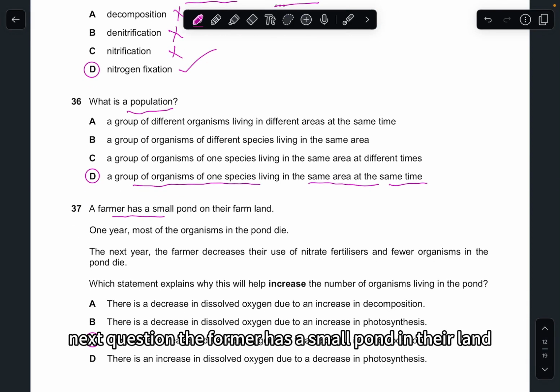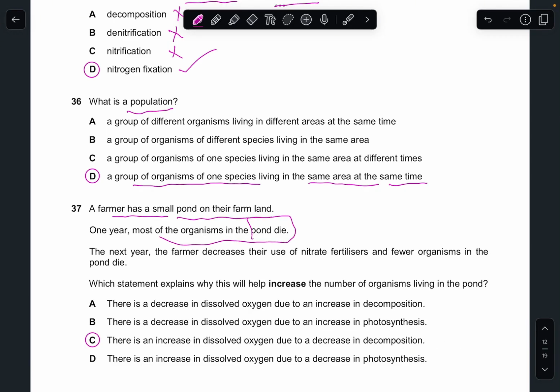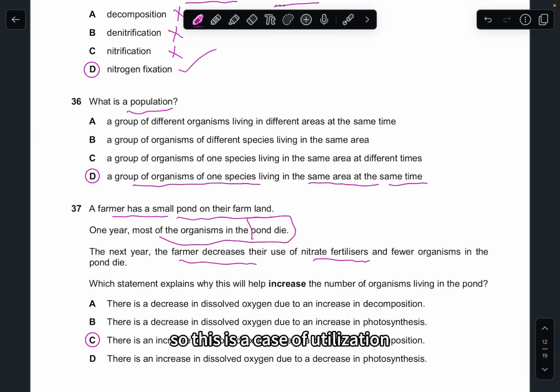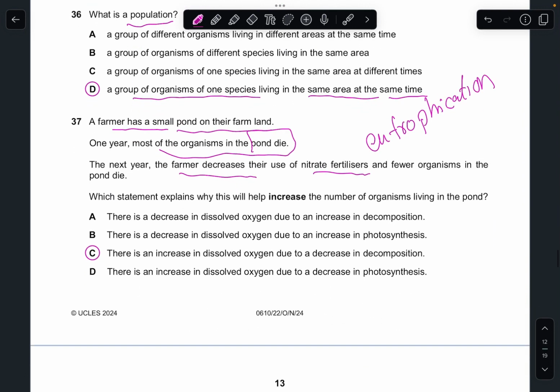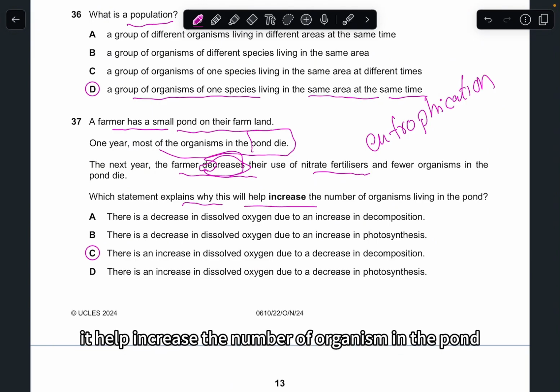Next question, a farmer has a small pond on their land. One year, most of the organisms in the pond die. The next year, the farmer decreased the fertilizer. So this is a case of eutrophication, where they used too much fertilizer, and he decreased the fertilizer. Which statement explains why it helps increase the number of organisms in the pond?